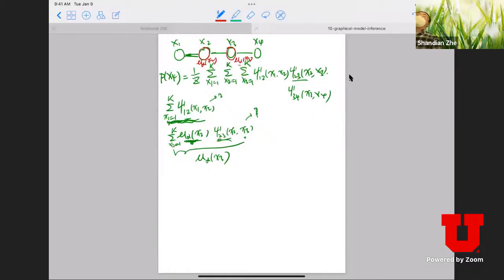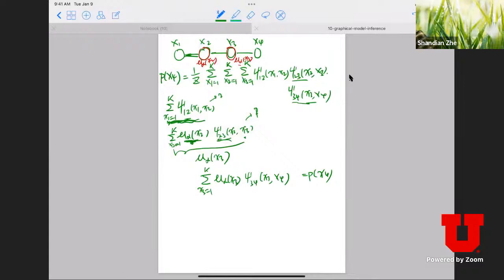You just add one more level of summation: the sum over this mu alpha x3 times the last potential function psi x3, x4, and this sums over x3. Then you get the marginal probability of x4, right?